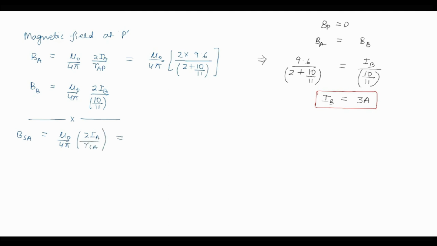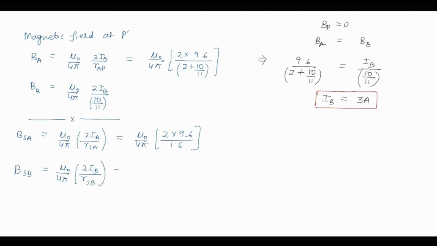So we can write this as mu naught upon 4 pi, twice 9.6 upon the distance, which is equal to 1.6, and the direction we have already discussed, directed from S to B. Now we are calculating the magnetic field at S due to B. We write it as mu naught upon 4 pi, twice the current in B upon RSB.